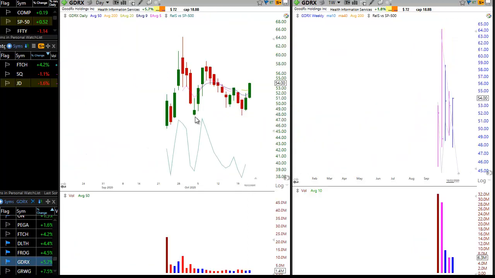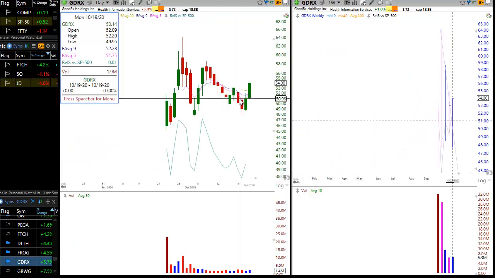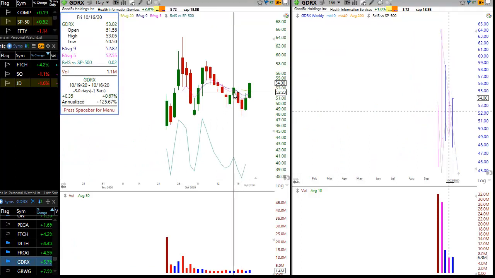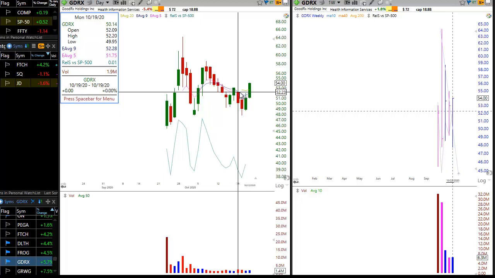GDRX from the 19th, 52.53, which may or may not have triggered on the 19th depending on how one trades the open, but it was certainly in play over the 52 level on Thursday.